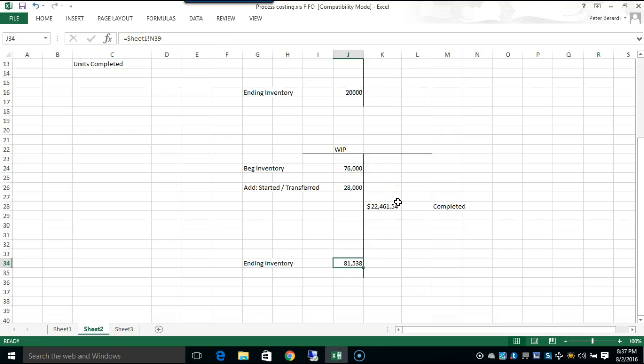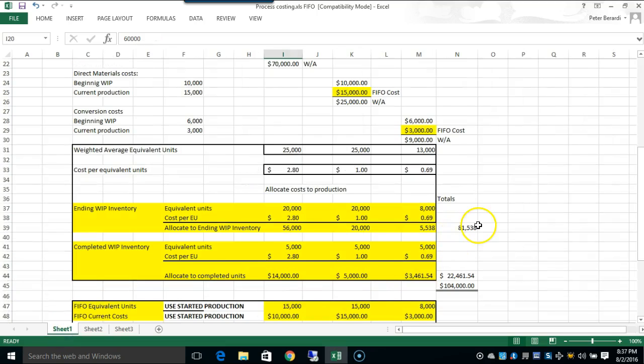Now, the new month starts. This ending inventory of $81,538 becomes your beginning inventory for the new period, right? And therefore, you know the details of that. You know that the $81,000 is $56,000 transferred in, $20,000, and $5,538.